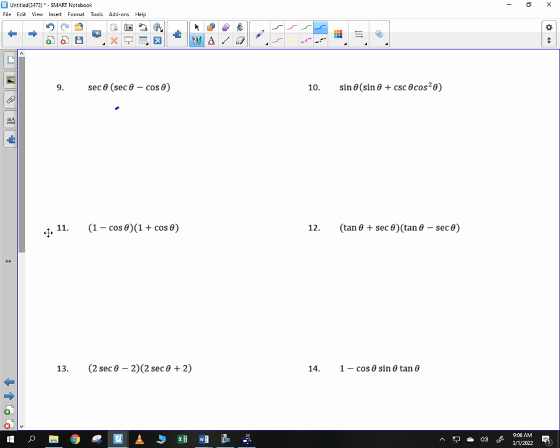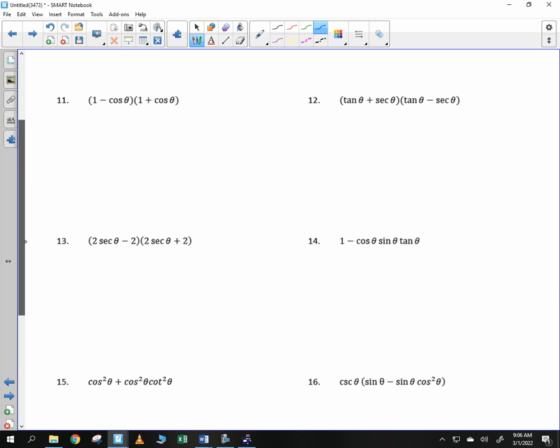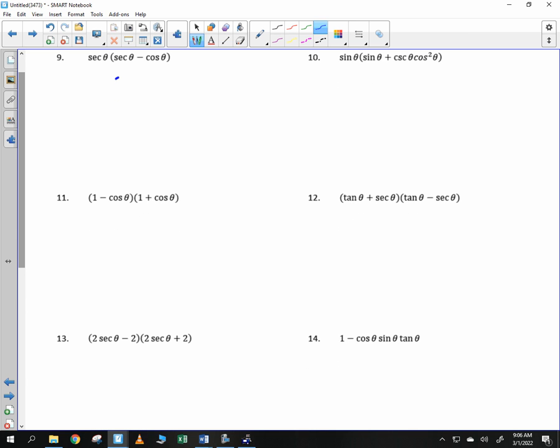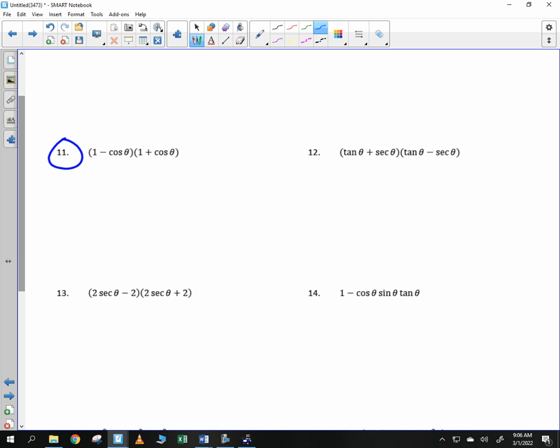We're going to do one more. We're going to do problem number 11. So sometimes, instead of factoring, you can actually multiply something out and see something take place. So I'm going to multiply this out and see what happens. What's 1 times 1? 1. And then what's 1 times cosine?